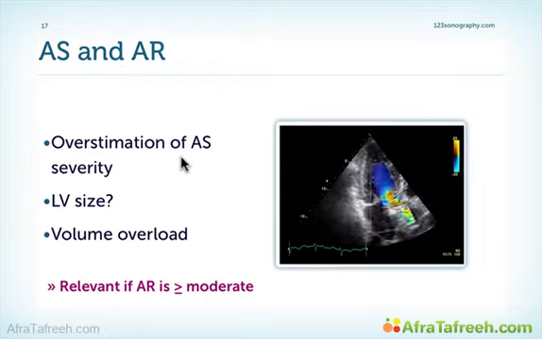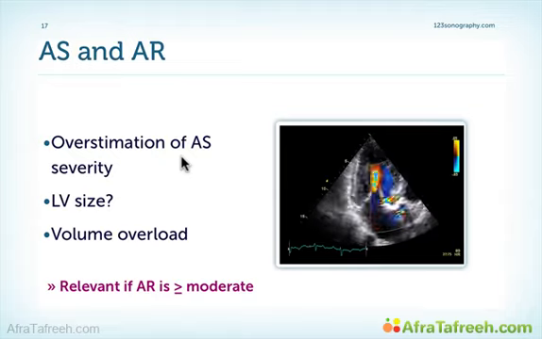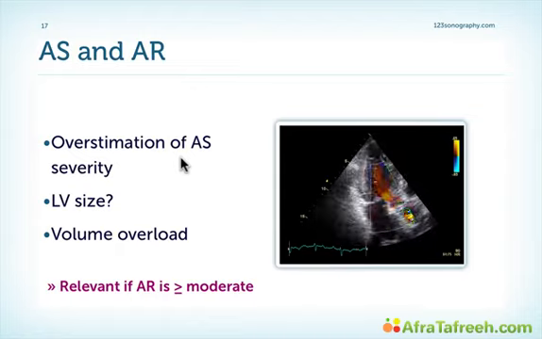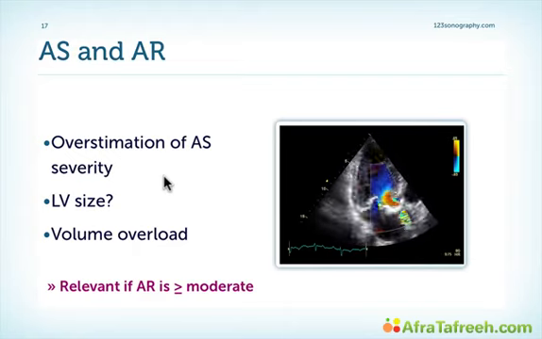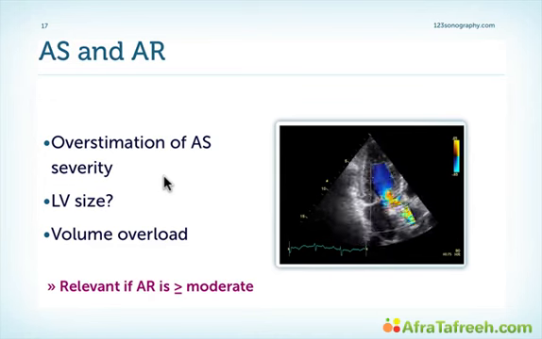With stenosis and aortic regurgitation, we can actually have overestimation of aortic stenosis severity. We can use the left ventricular size to estimate the severity of aortic stenosis and also signs of volume overload. This phenomenon is of course relevant if the aortic regurgitation is more than moderate, and we will have much higher aortic gradients if the aortic regurgitation is severe.